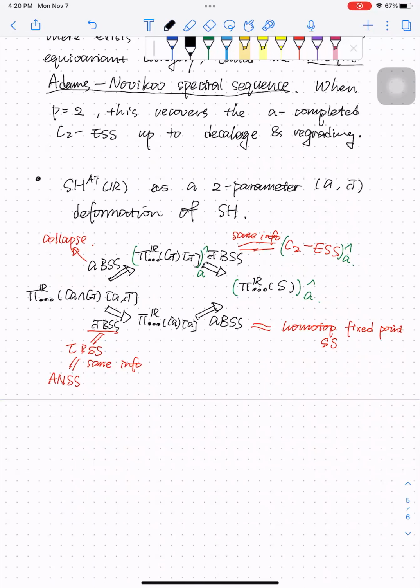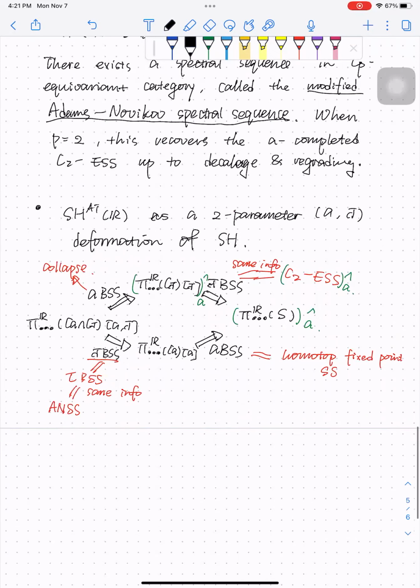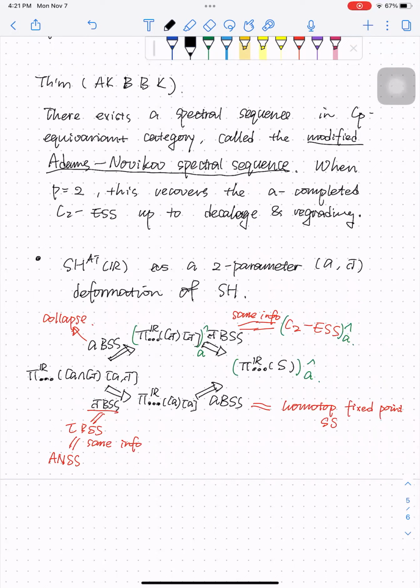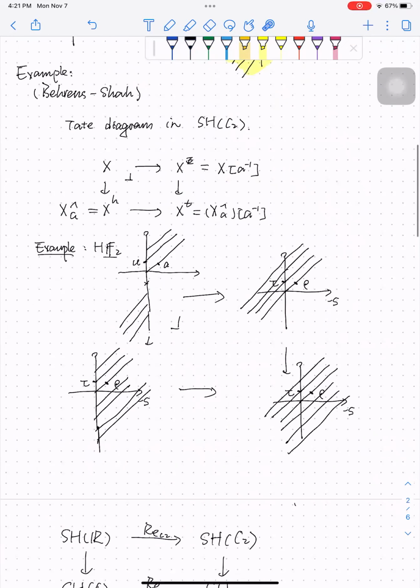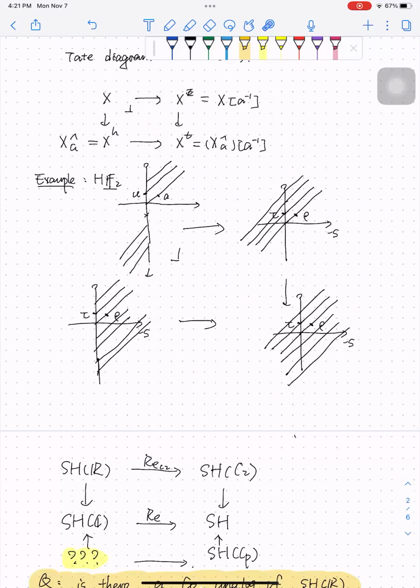I think I used up my time, and maybe the last thing I want to say is that this just gave you the a-completed part. What we are trying to study right now is how to go from the a-completed part to the part without a-completion. And the idea is, let me scroll it back, the idea is sort of already in this picture. So this is the a-completed picture.